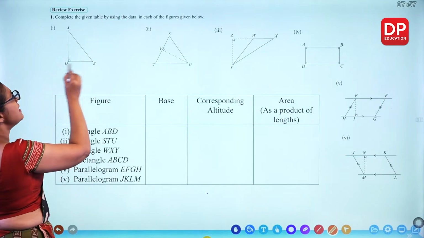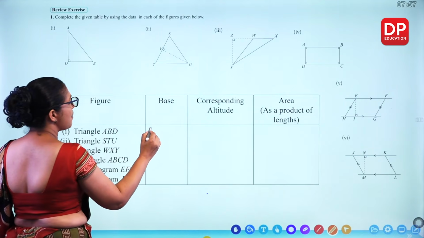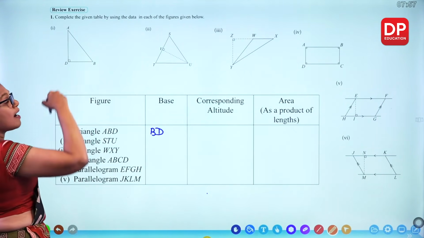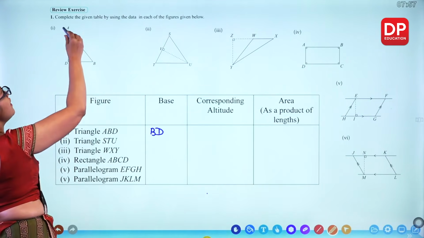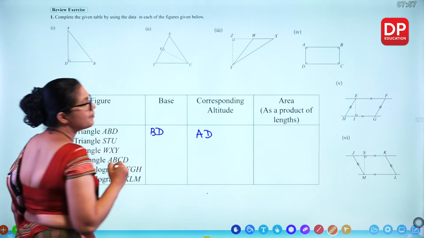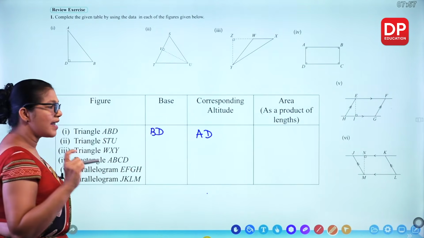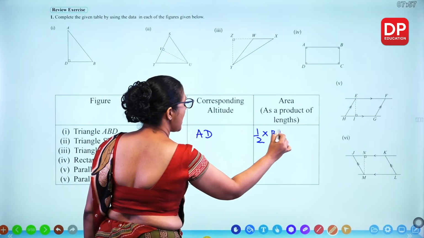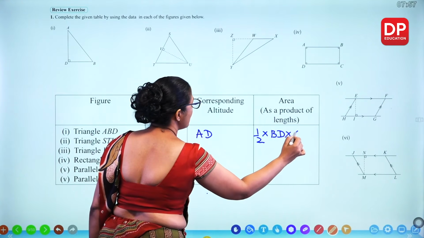I'll take BD as the base. If I take BD as the base, what's the perpendicular height or altitude? Then I have to take the other length, AD. Then what's the area? Area is half times base times altitude.